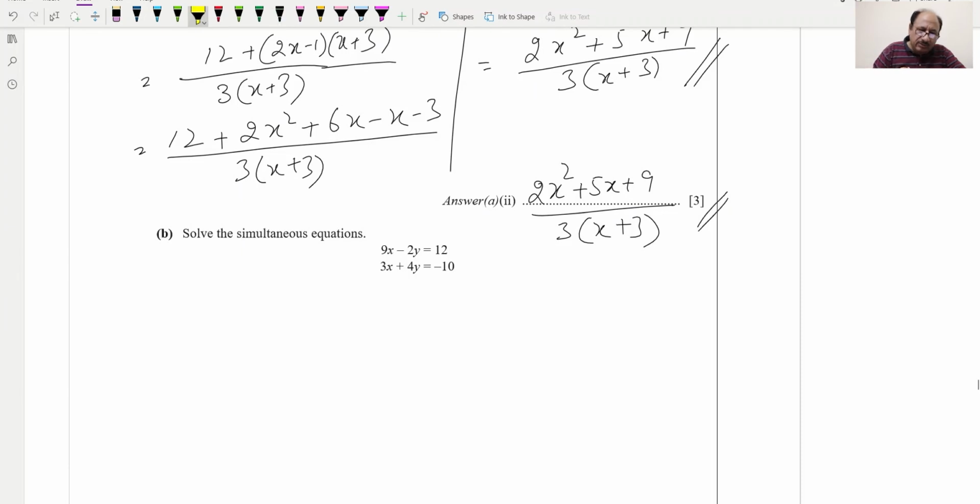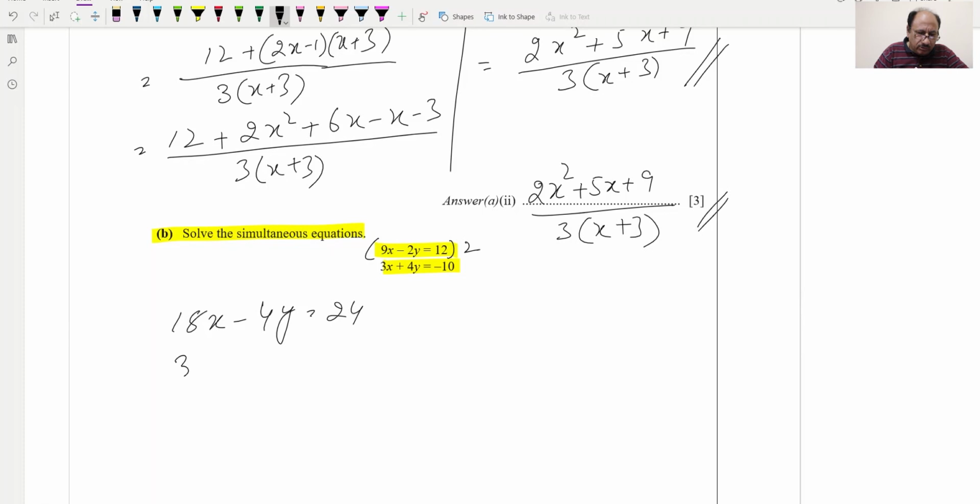Now we have simultaneous equations to solve, and we can check the coefficients of x and y. First we will multiply the first equation by 2 to equalize the coefficients of y, and our modified equation will be 9 into 2, which is 18x, minus 2 into 2, which is minus 4y, is equal to 24.